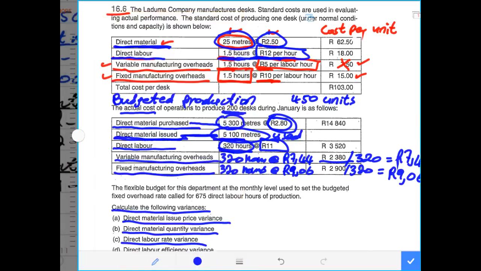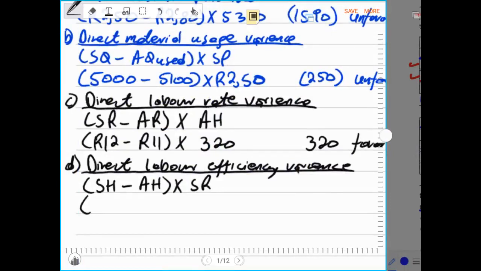Then we can substitute, and we know that our actual labor hours was 320. Remember, that was our actual labor hours. Then we say standard hours 300 minus actual hours 320, and we multiply this by the standard rate of labor, which is 12 Rand.